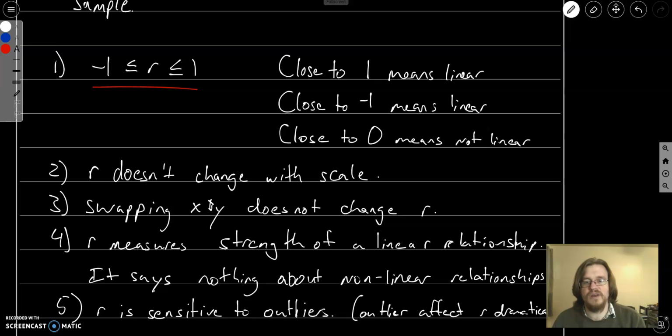So when r is close to 1, it means that we do have a linear relationship, and that linear relationship is positive, meaning that the line is going up. If r is close to -1, this also means linear, but it means that our line is going to be going down instead.